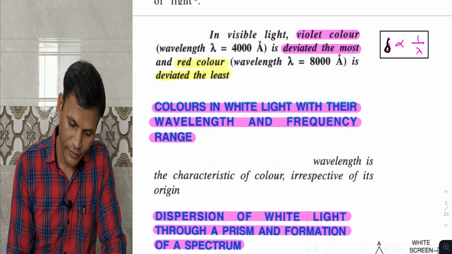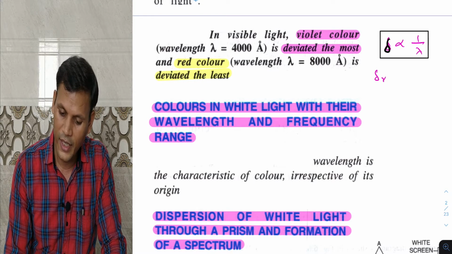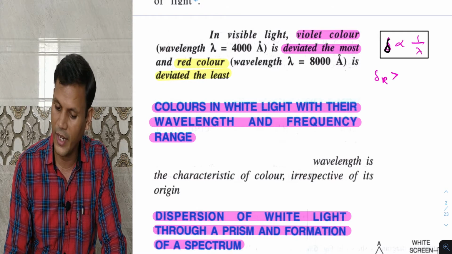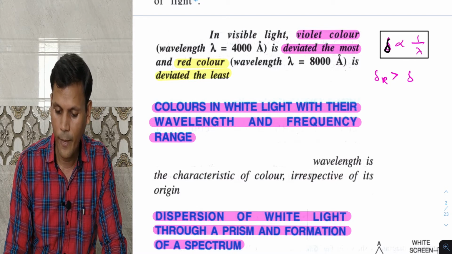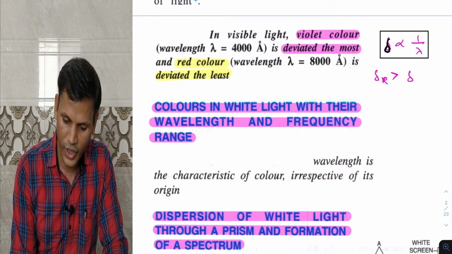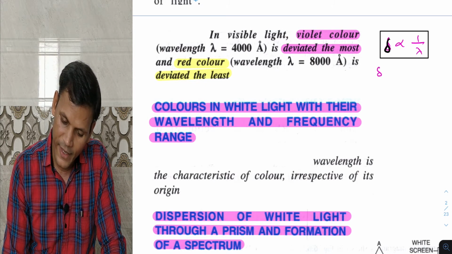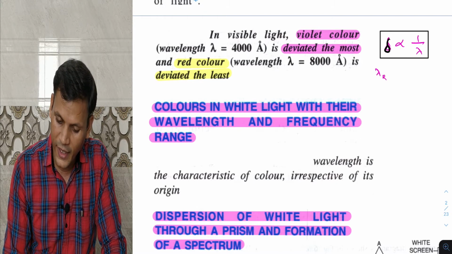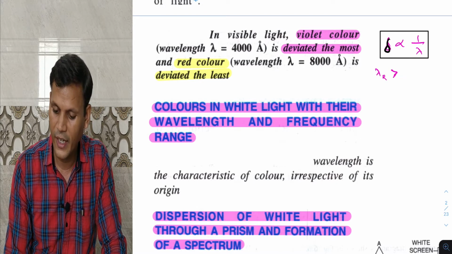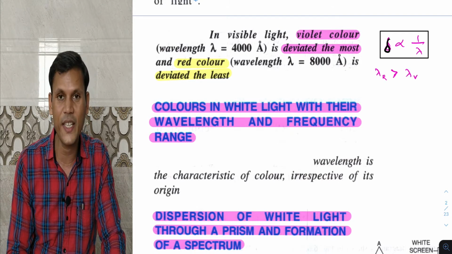Wavelength, that is lambda r for red color, is greater than lambda v for violet color, because it is given to us.